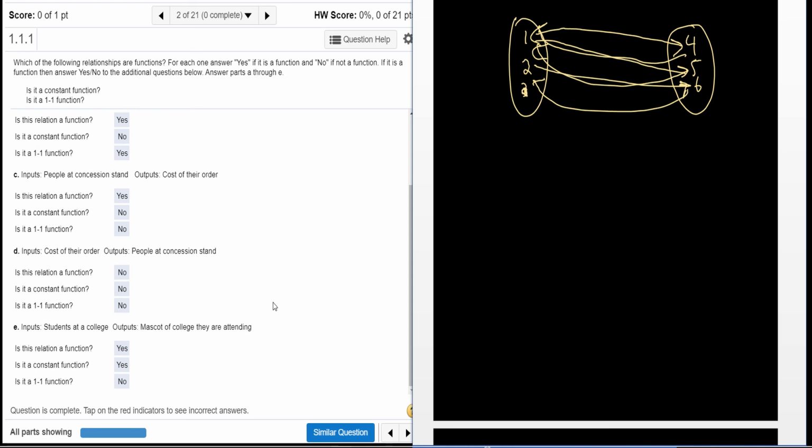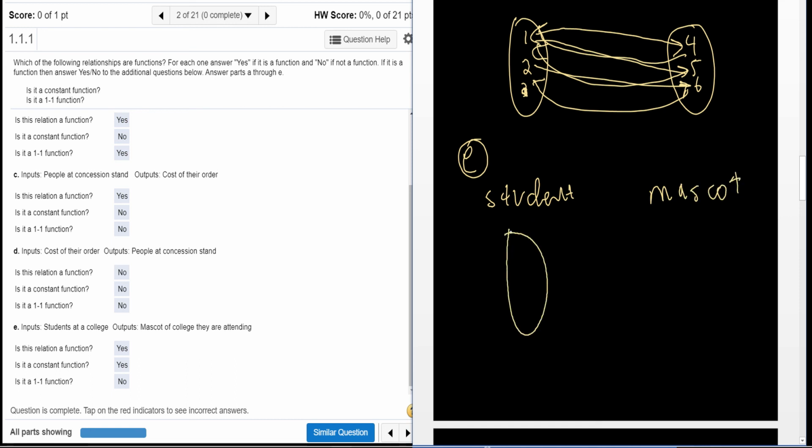Let's look at E here. Now with E, students at a college and a mascot. So we have the students and a mascot.